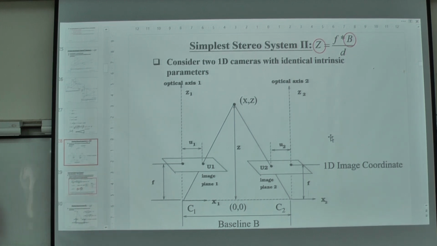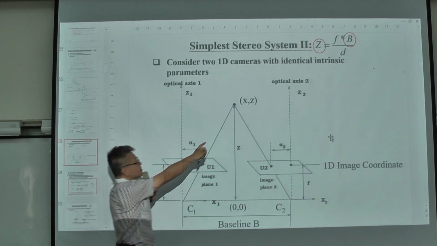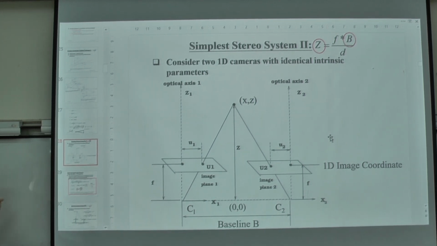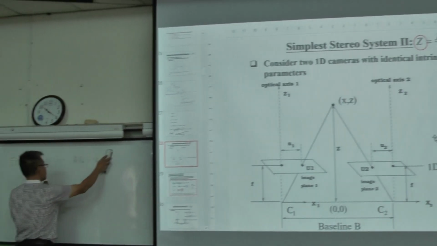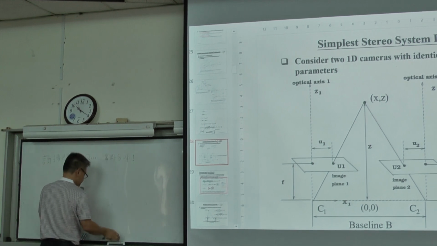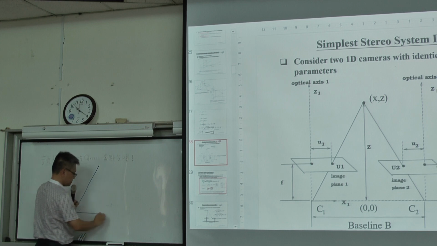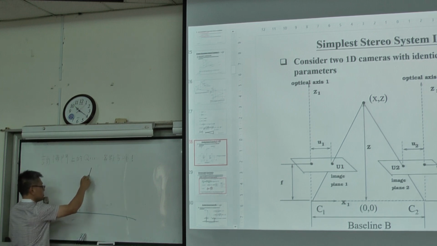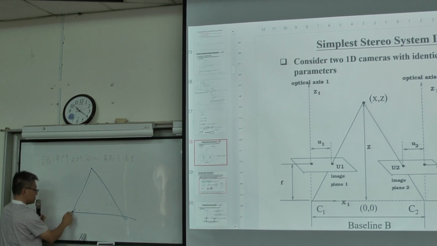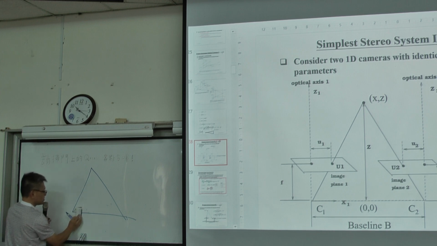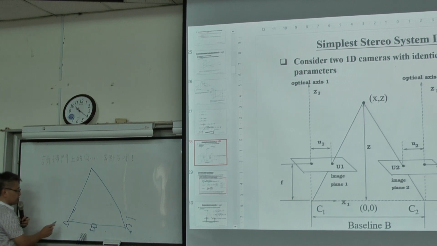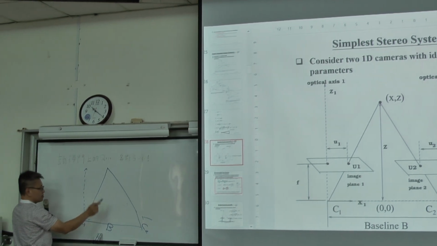So how can we find z? The problem is, how can we find z? So you have camera center 1, camera center 2, and your baseline. Your optical axis.